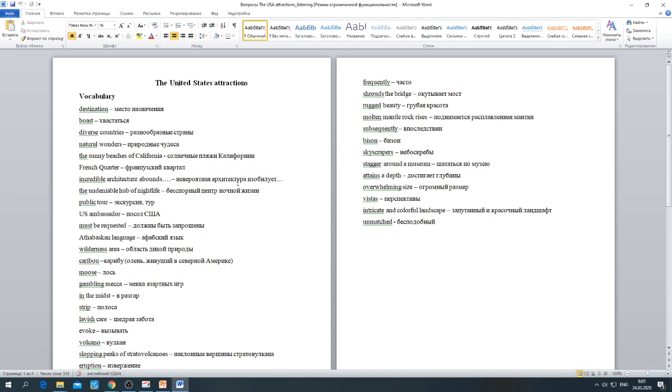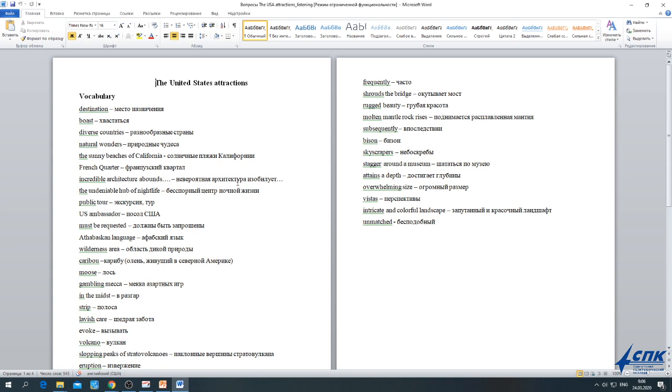Destination, boast. Diverse countries. Natural wonders. The sunny beaches of California. French Quarter.